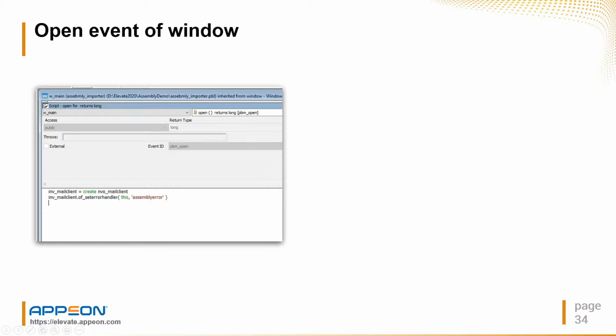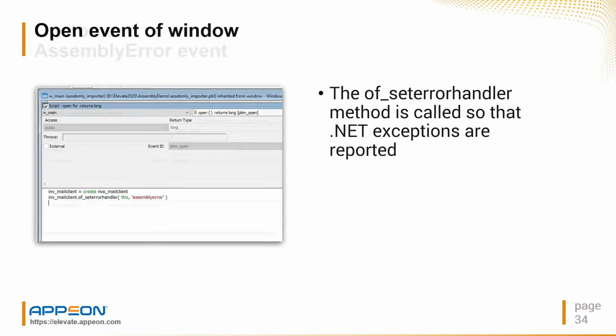I've declared an instance variable of the mail client, so that I can reference it in that event and in the button where I actually call this. In my open event, I'm going to create the non-visual object, and then call this OF set error handler. It's telling it that if there's an error, send the event to this window and call this event to let PowerBuilder know that there was a .NET exception.